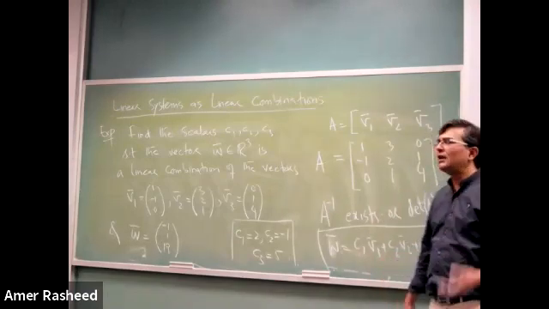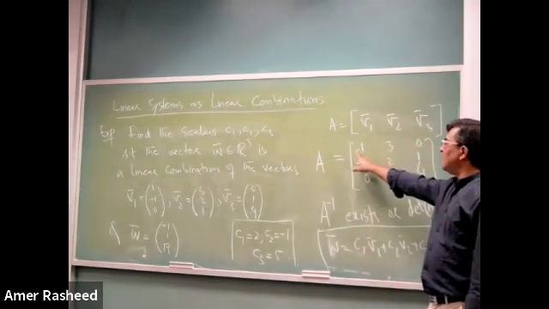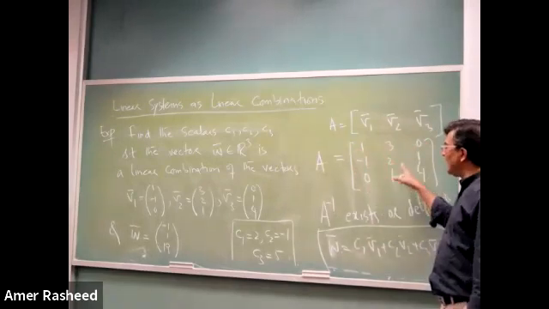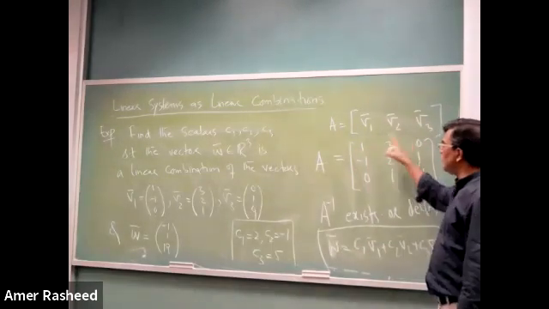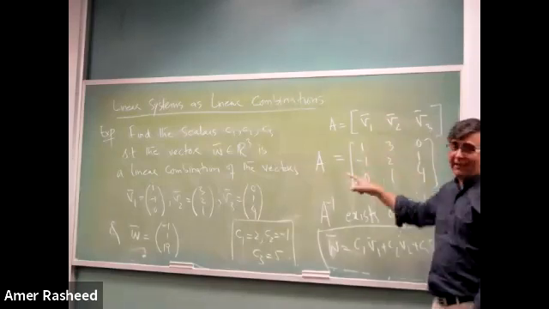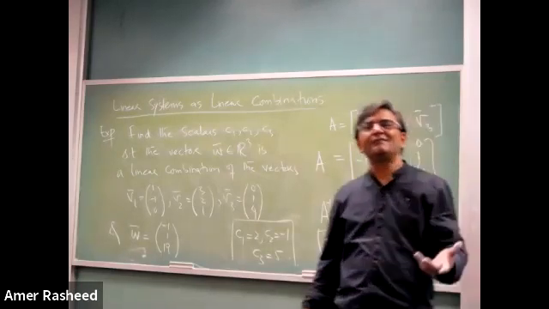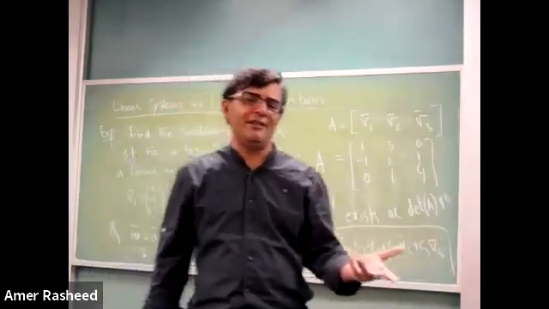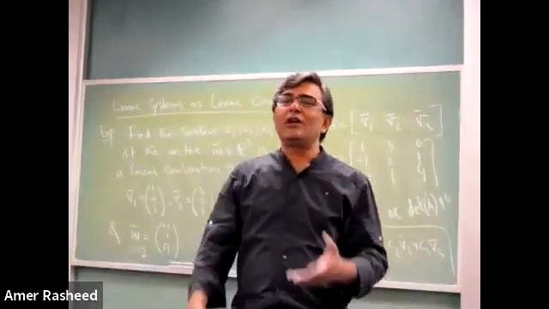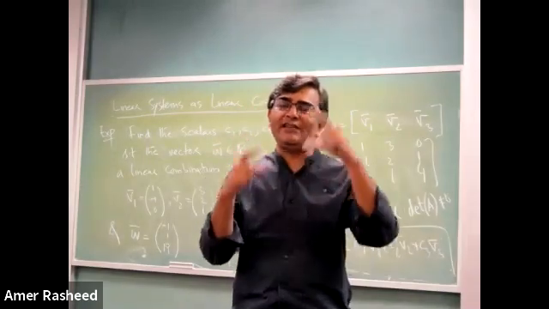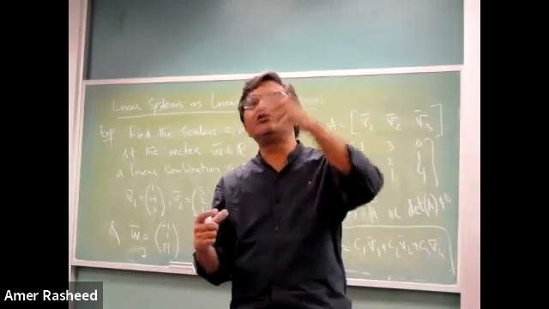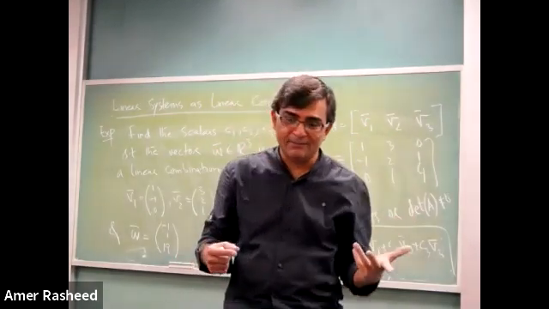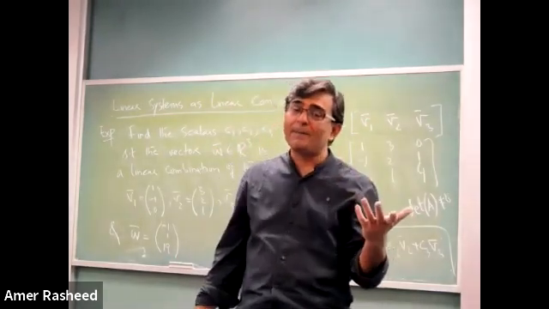Using echelon form, if the number of pivot elements in the echelon form of A is equal to the order of A, then we can write B as a linear combination of V1, V2, and V3. Why is it so? Because if the number of pivot elements in the echelon form of A is equal to the order of A, then its inverse exists. We studied this too.